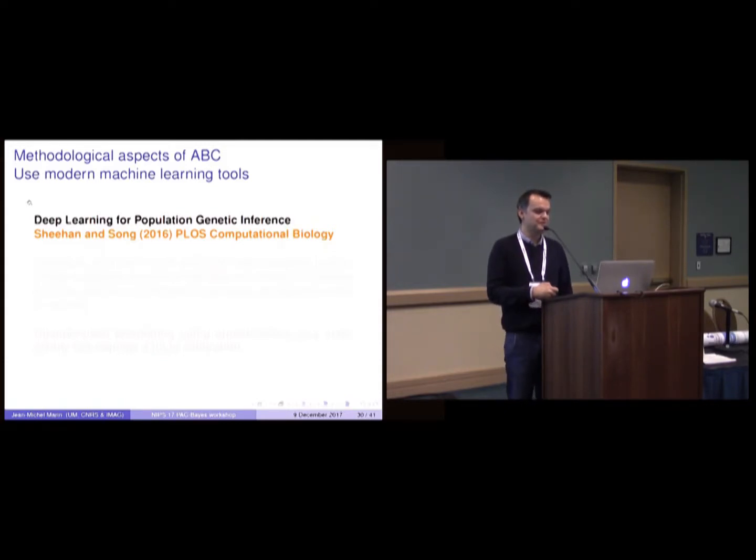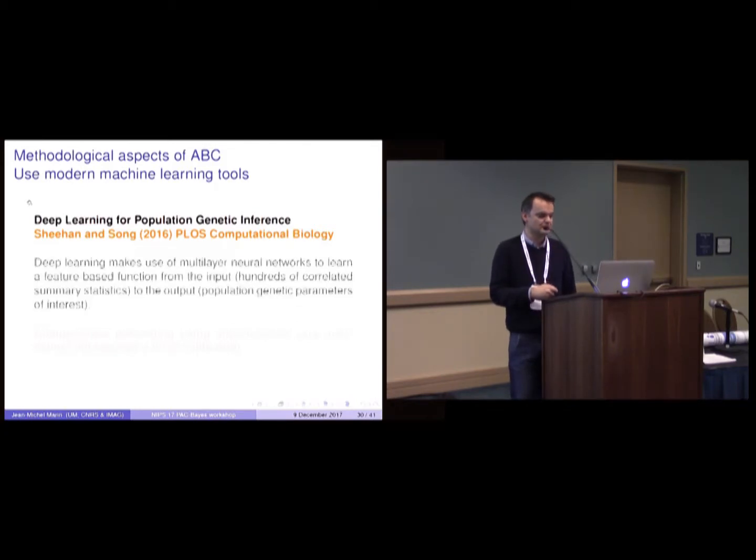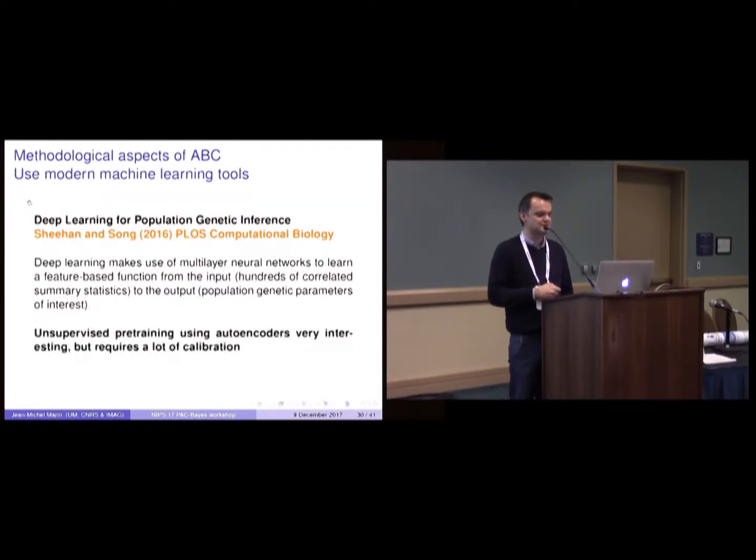They published a paper in PLOS Computational Biology one year ago, and they use deep learning, a multi-layer neural network, to learn a feature-based function from the output. The input is the correlated summary statistics, and the output is the population genetics parameters of interest. I think that the unsupervised pre-training using autoencoder is very interesting, but requires a lot of calibration too.